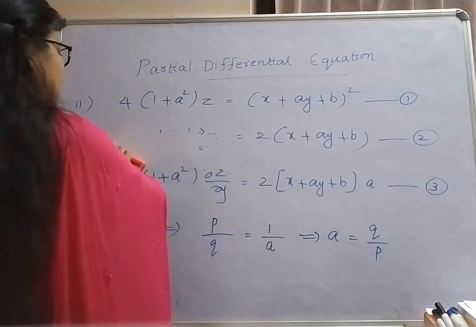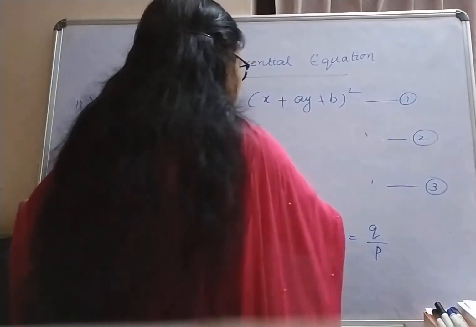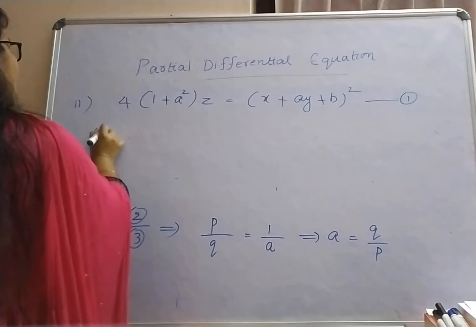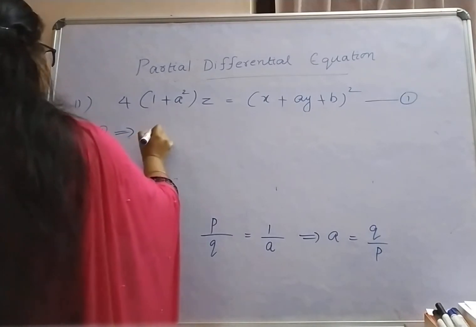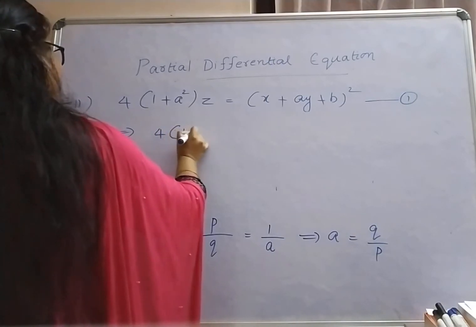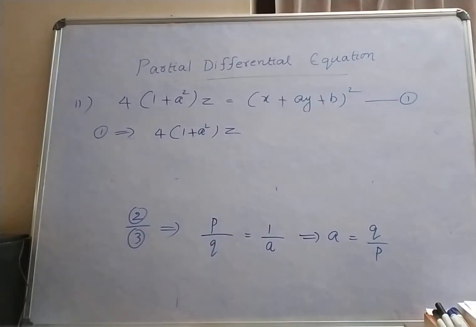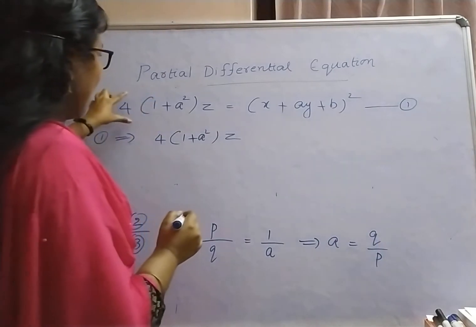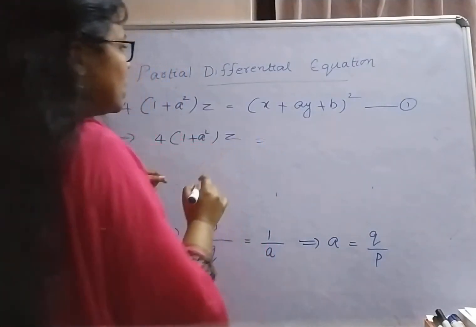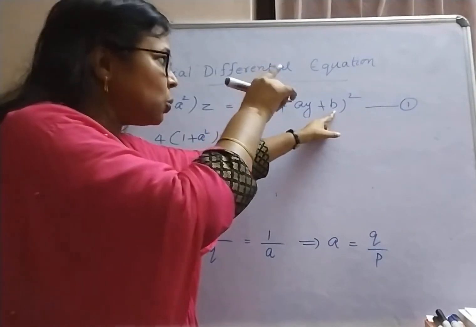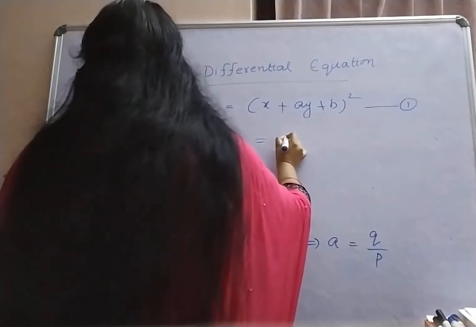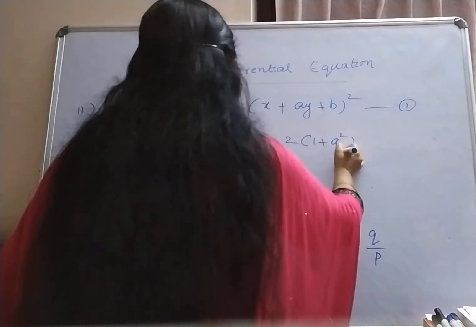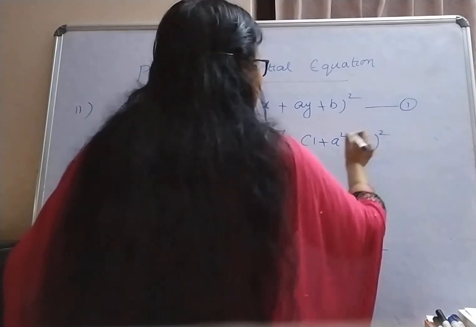Then equation number 1 becomes 4 into (1 plus a square) into z equal to (x plus ay plus b) square.